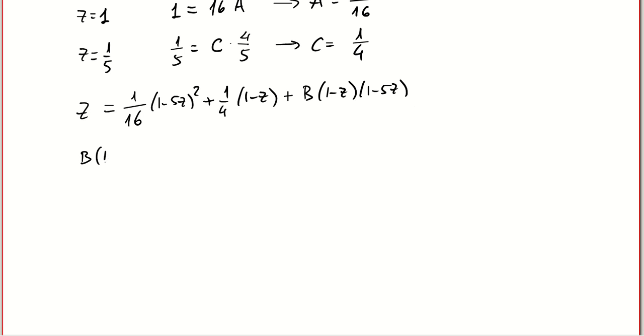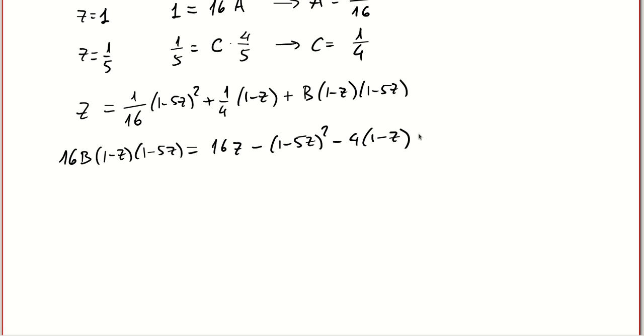So b times 1 minus z, 1 minus 5z is equal to, and well, actually we can multiply by 16 just to get rid of the denominators. So we multiply by 16, and then we have 16z, minus 1 minus 5z squared minus 4 times 1 minus z, okay?